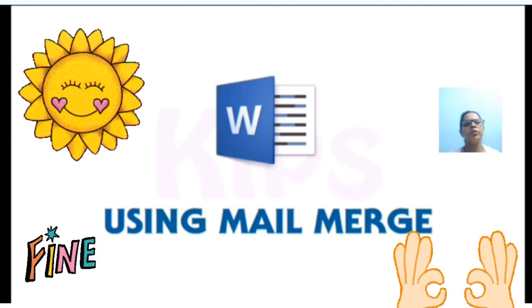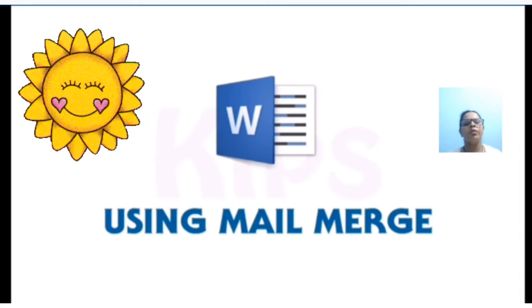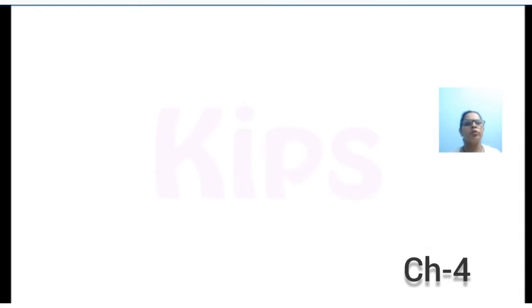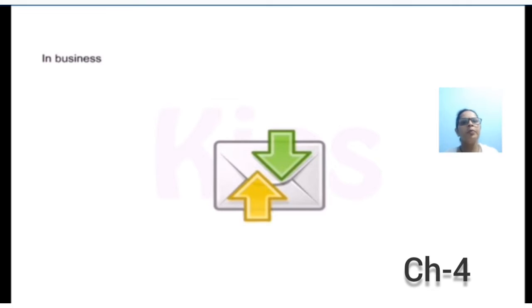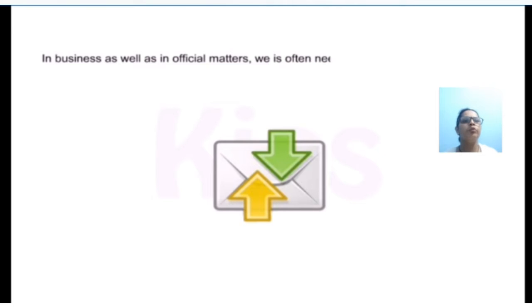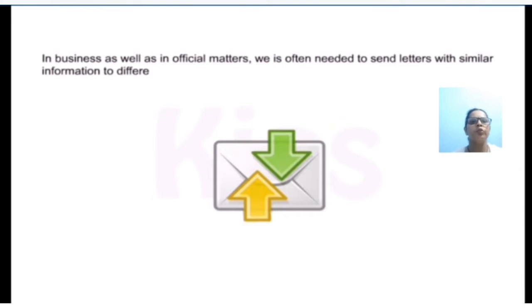Today we are going to start our chapter number 4, using mail merge. In business as well as in official matters, we often need to send letters with similar information to different people.